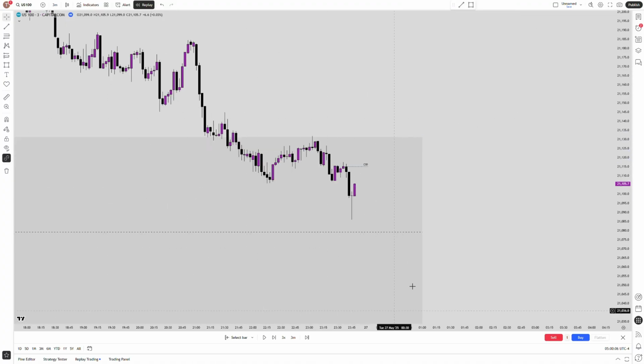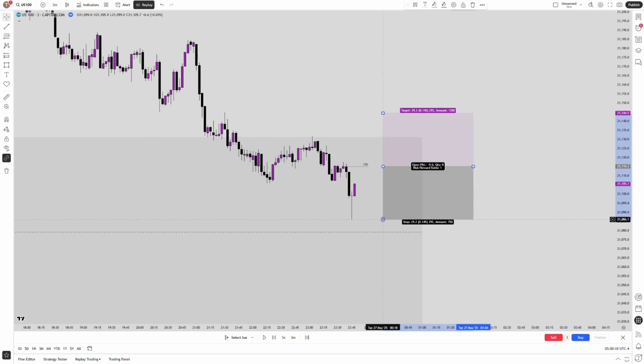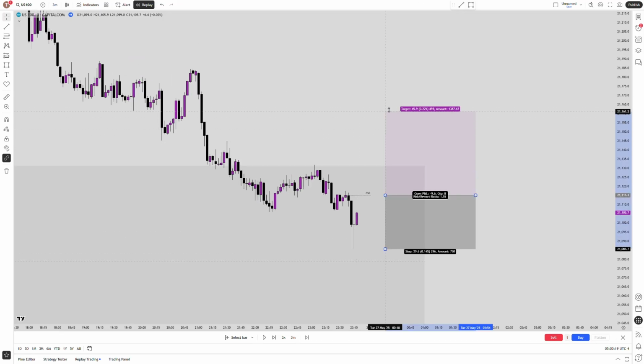Let's see what price is going to do, and we are just going to go bullish off of that. Why? Because we have that key level, which is the fair value gap. We have the change in the state of delivery after the key level, and then we are going to target above these highs for our 2RR. Let's see what price is going to do.